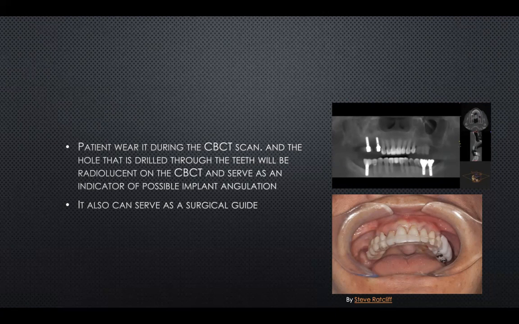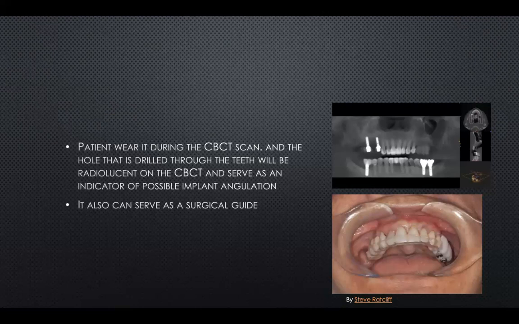So you will analyze where your crowns are and where these holes are going to be located, because the holes that you created are going to be radiolucent. And you can analyze how much bone you have, and what anatomic structures are near your future implant position, and you can plan the case accordingly.